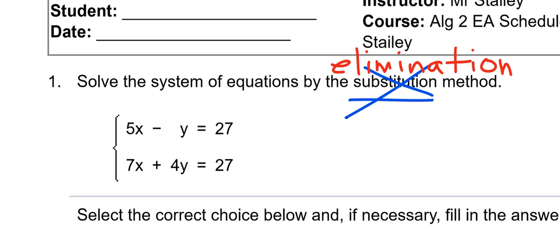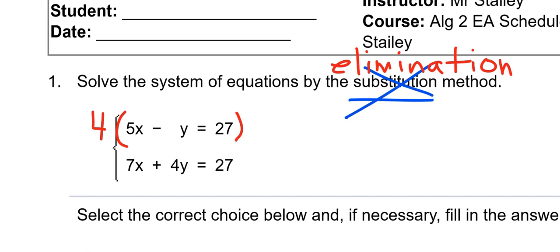Can you add these two equations together right now and get rid of one of the variables immediately? No. So we need to multiply one of the equations, and I'm going to suggest to you that it's the first one. Although there are more than one way to do this. You could eliminate the x's, but I think that would be a lot more struggle. What should I multiply the top one by so we can get rid of the y's? Thank you. 4.